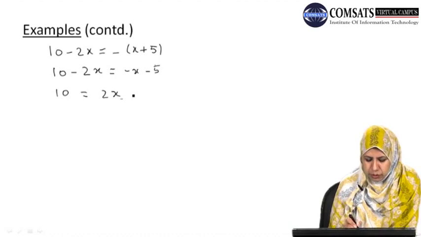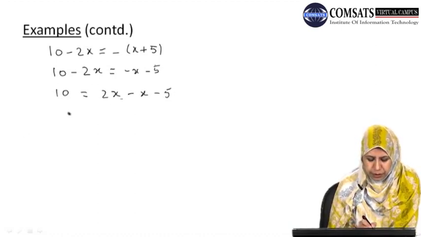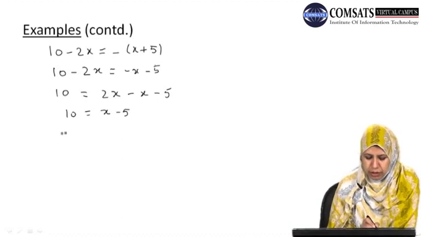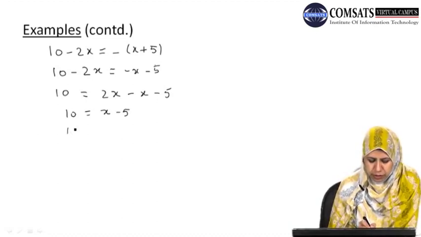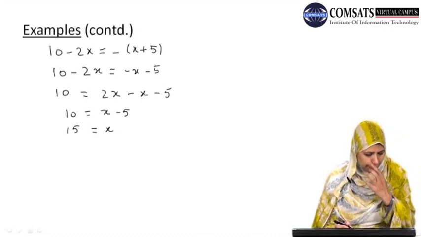On the right side we get 2x minus x minus 5. 10 is equal to x minus 5. Now adding 5 on both sides, we get 15 is equal to x.